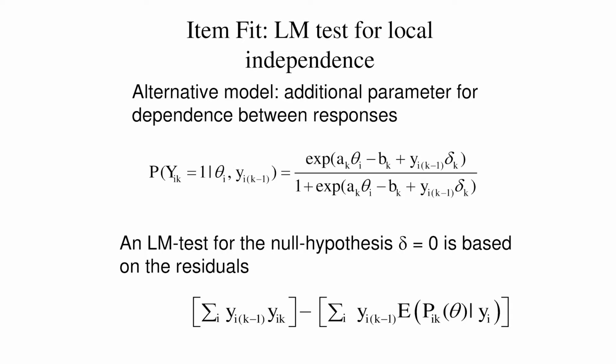And if you would do all the computations and look at what your statistic is, then you would see that the statistic depends on the product of the response on item k minus 1 and the response on item k. So this is the number of times that item k and item k minus 1 were responded to correctly.